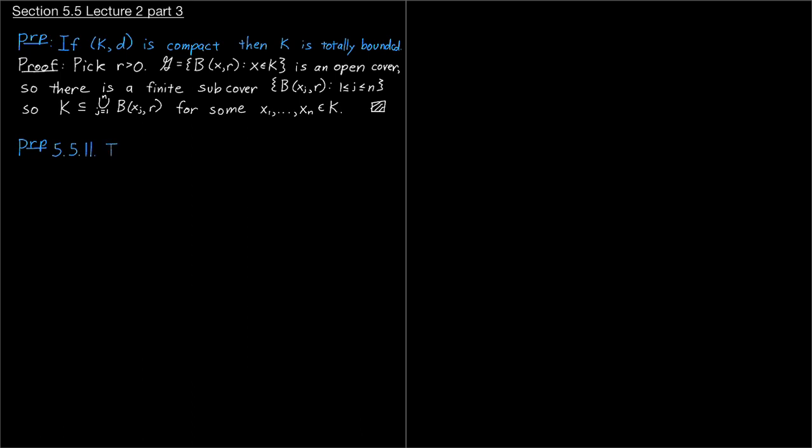So this proposition says that if (K, d) is totally bounded, so in particular if it's compact, but more generally, then it is separable.